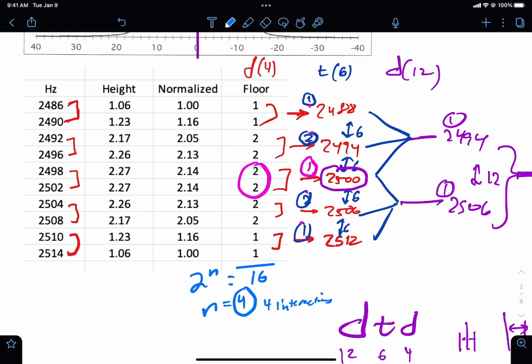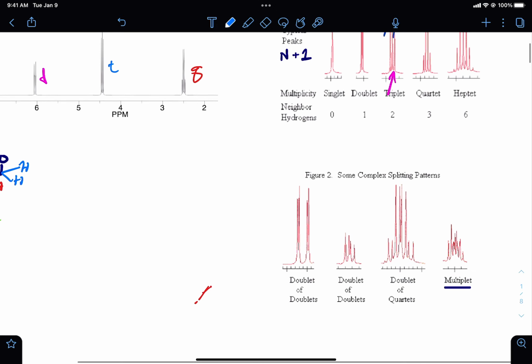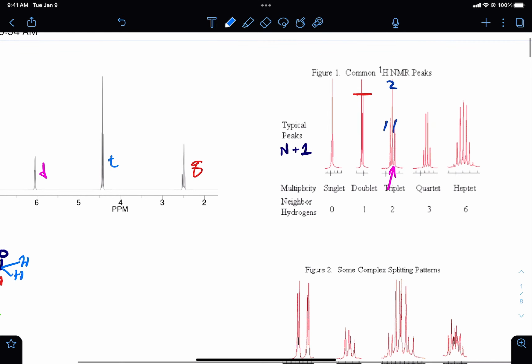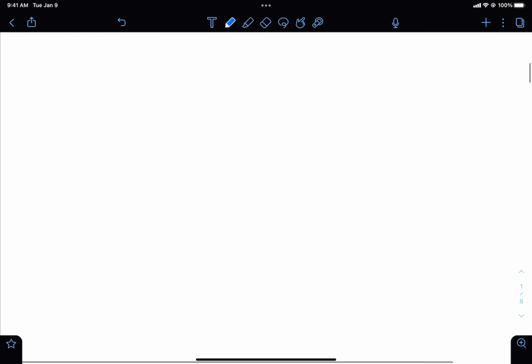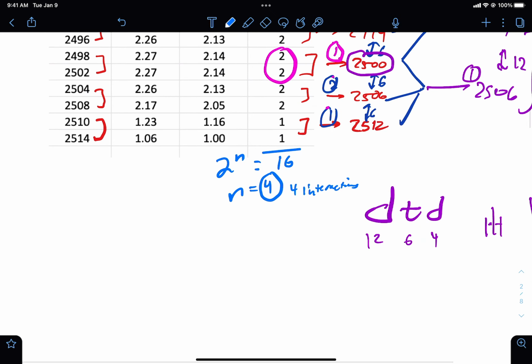Okay, so back here where we looked at the number of neighbors, or we called them the number of interactions, that number 4 is the sum of whatever we have. So if you know that you have 4 interactions, what combinations could that be? Well, remember, a doublet is 1 interaction, a triplet is 2 interactions, a quartet is 3 interactions.